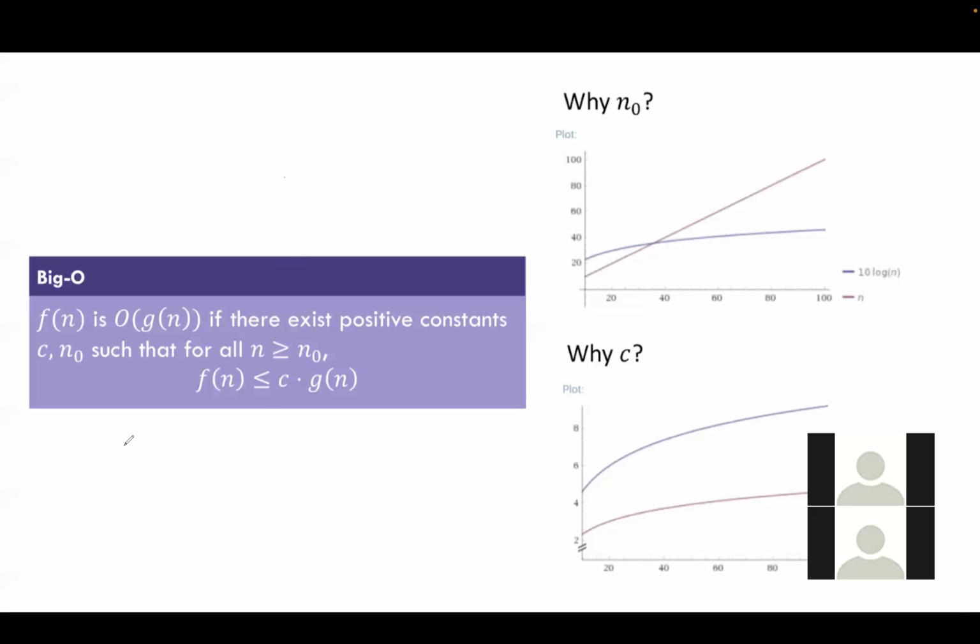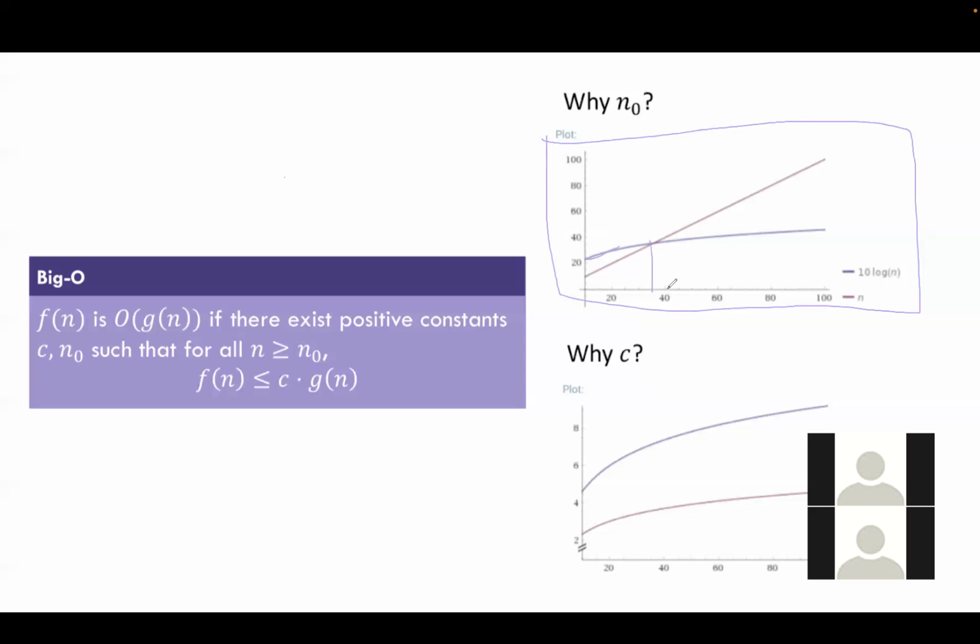This big theorem basically just means that if you plot the runtime of f of n and g of n on a graph, then at some point, the function f of n starts falling below g of n at some value n naught. If we look at this plot up here, you'll notice that this algorithm in purple does have a slower runtime from 0 to like 35, right?